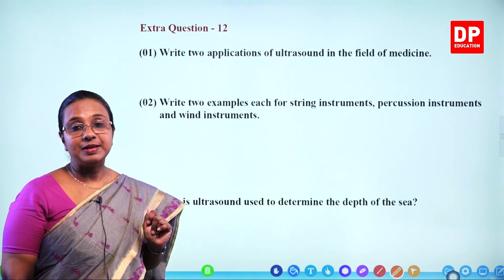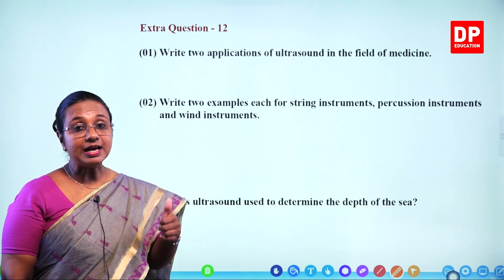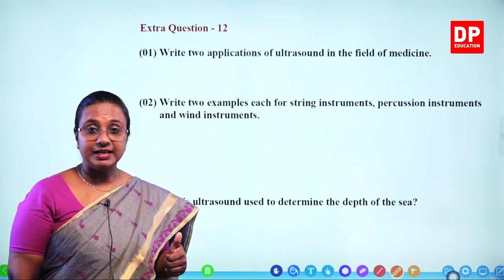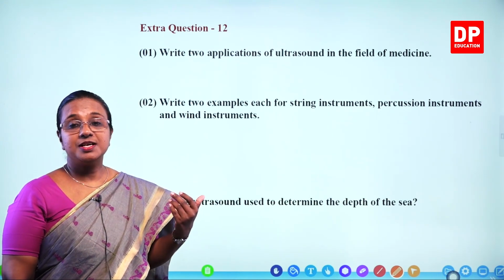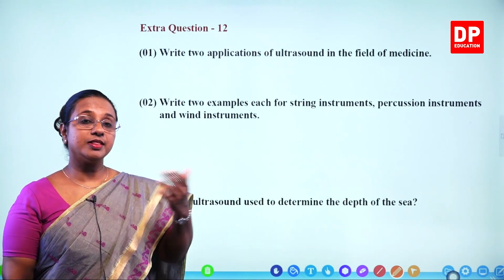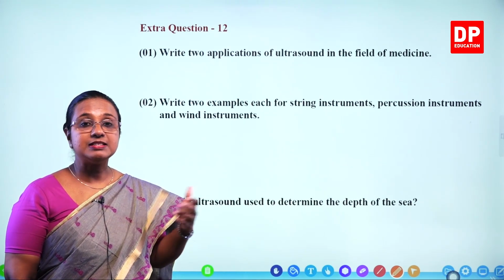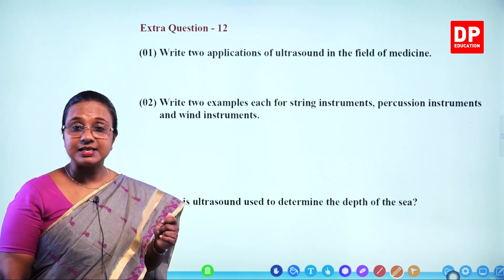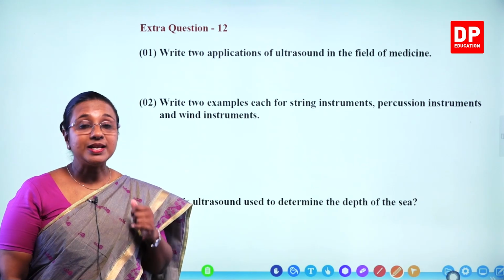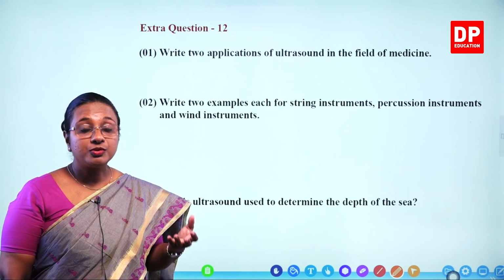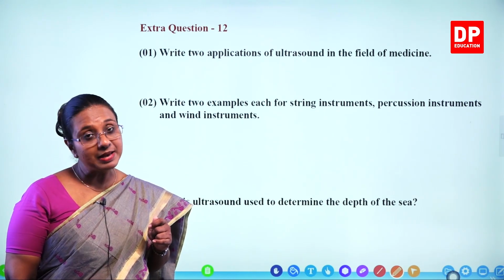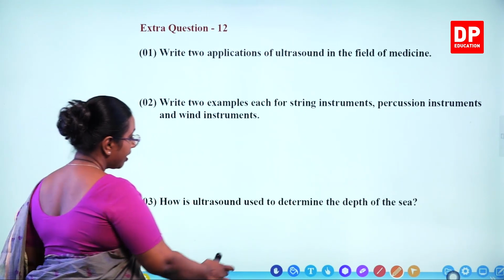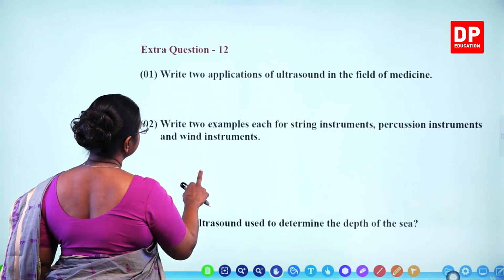One is the ultrasound scanning, used to observe the function of the heart or the development of a fetus inside the mother's womb. What is the other one? To crush stones in the bladder. So we can write those 2 applications here.